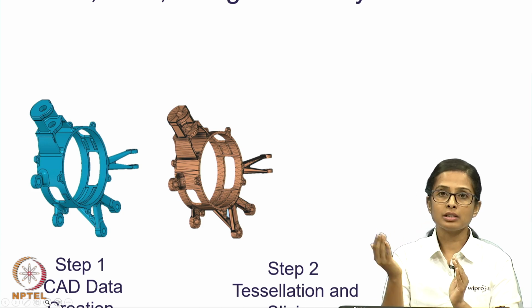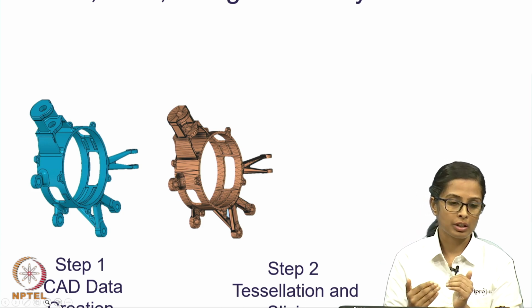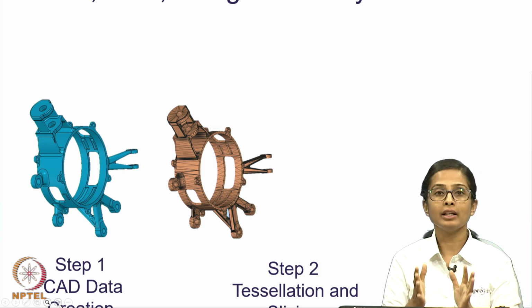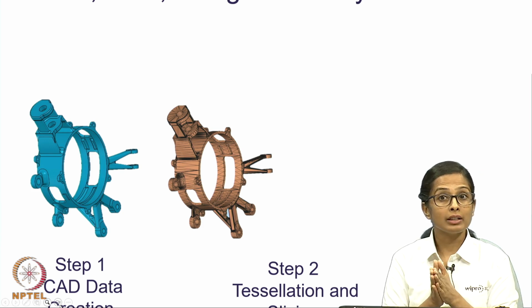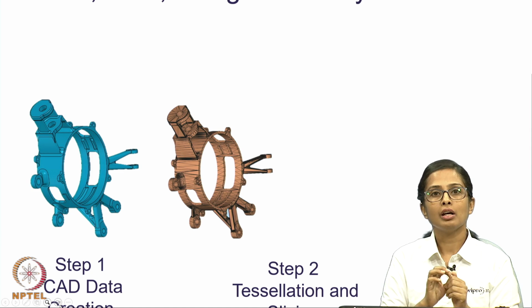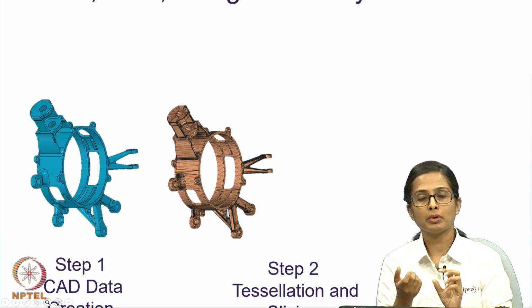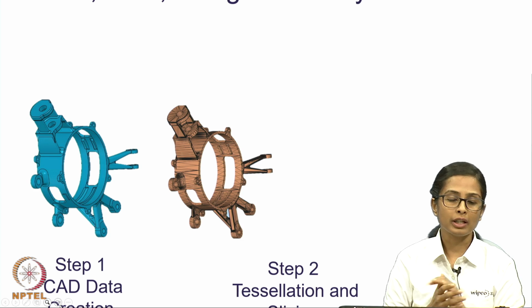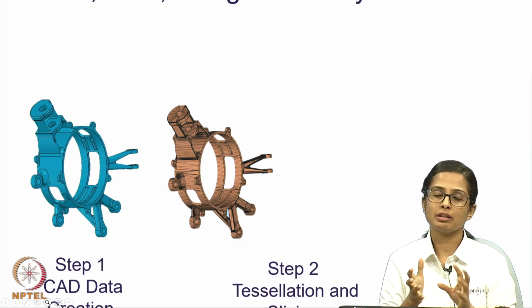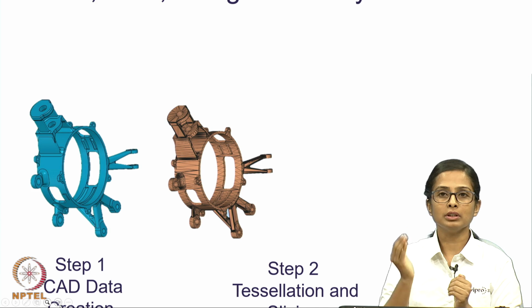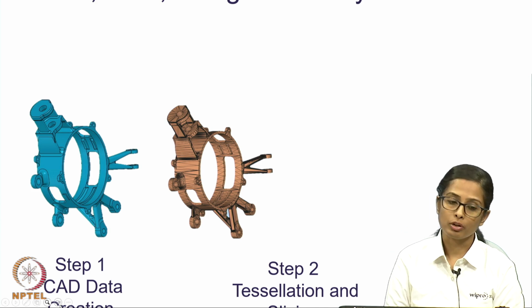The entire surface of the part is covered with triangles. Why triangles? Because you can get the curvatures of a part, and you can transition from a large feature to a small feature easily using triangles. That is a really good element to have to cover the surface of the CAD model.